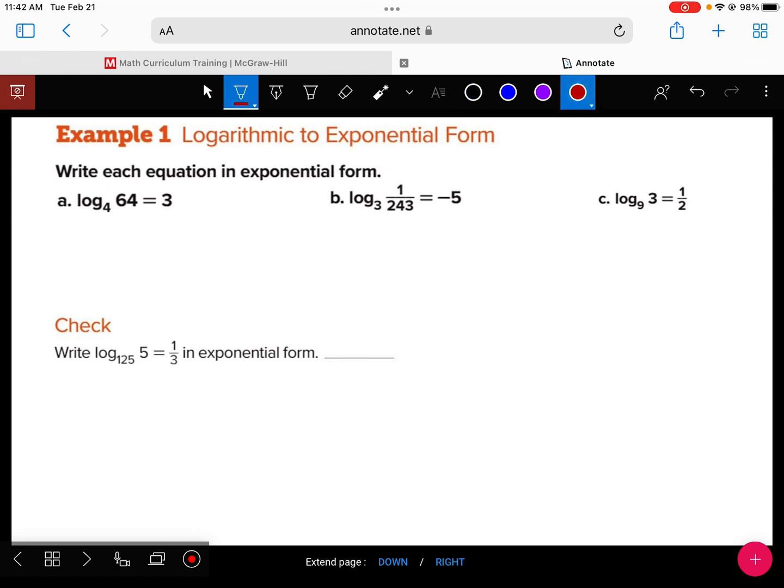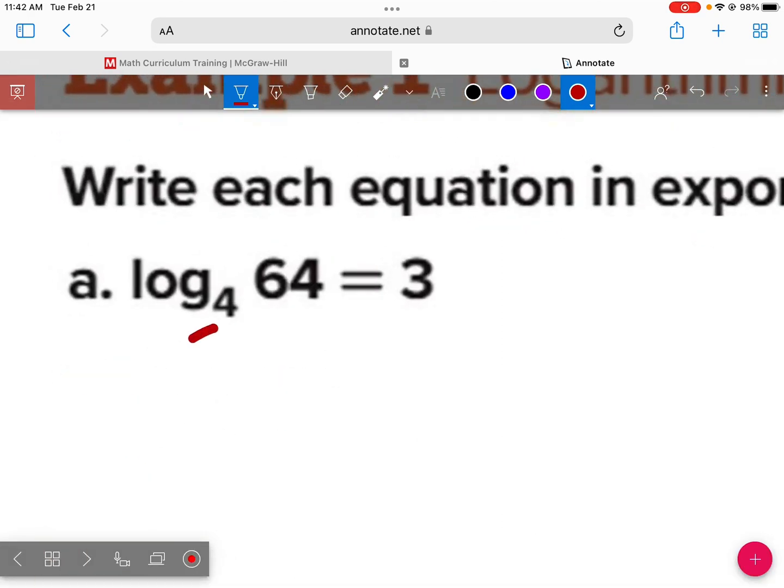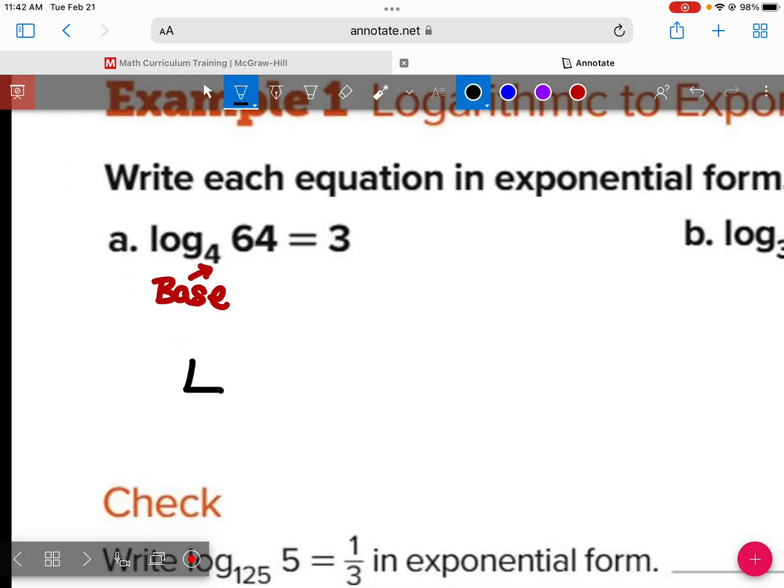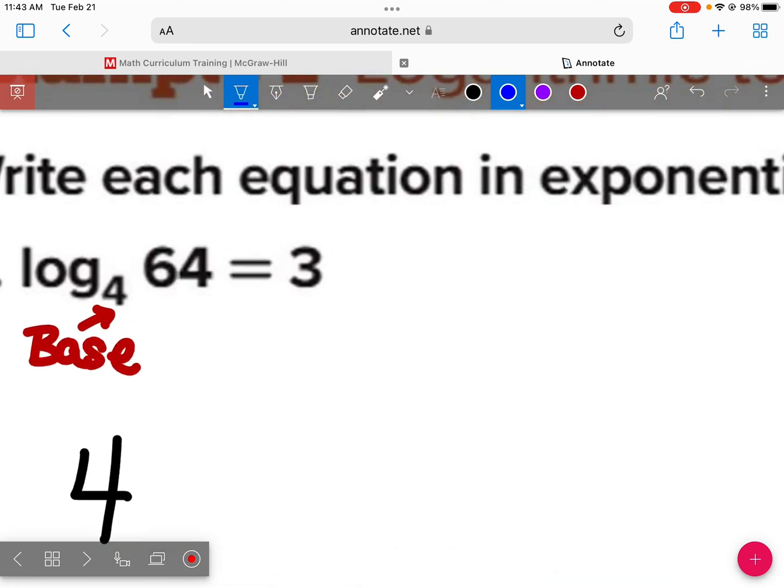We want to turn this into exponential form. So looking at it in logarithmic form, the first thing I need to identify is, what is the base? 4. Yeah, this little guy right here is the base. Whatever the little number is, that's my base. And that's the first thing I'm going to write down if I'm going to write it in exponential form. The argument is 64. The exponent is 3.